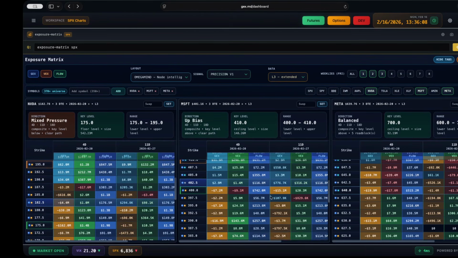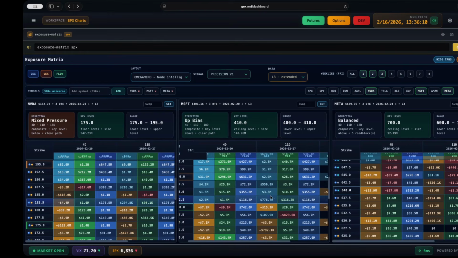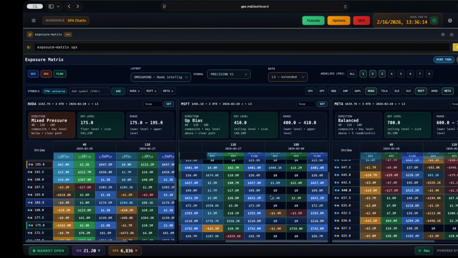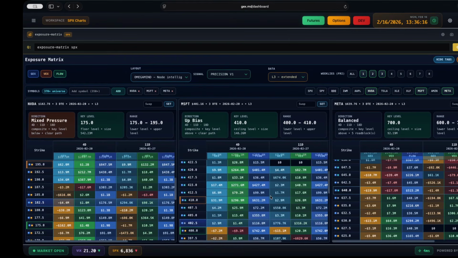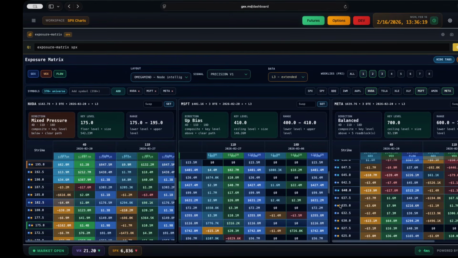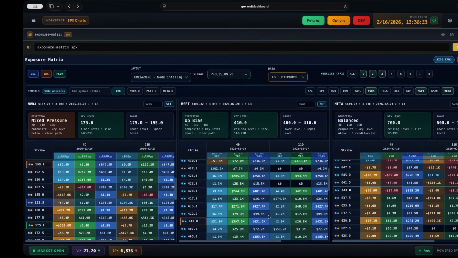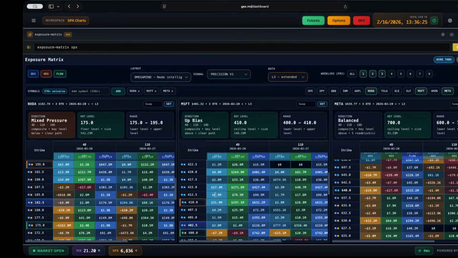In the case of NVIDIA, and then Microsoft, maybe it will be something different. 410, let's go check 410. 410 right here, yeah, 631. So 410 is becoming stronger too over the next couple weeks.